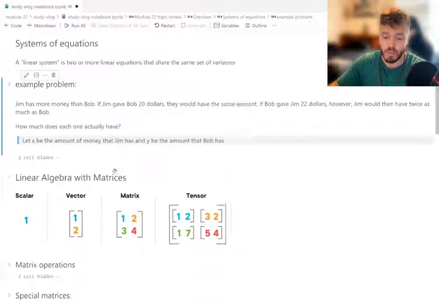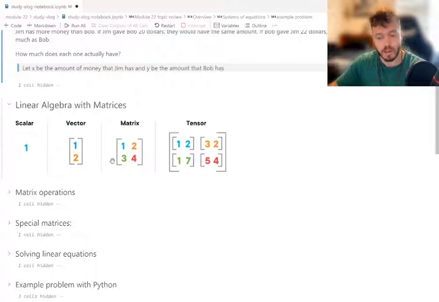However, we can also do algebra in that same way with vectors and matrices, where those variables, those letters that you see, represent sets of numbers in the form of a vector or a matrix or a tensor as well. That's a little outside the scope of today. Mostly we're going to be dealing with vectors and matrices, but the point is that you can do algebra with any order of tensor as well, as long as you have, again, the same set of variables.